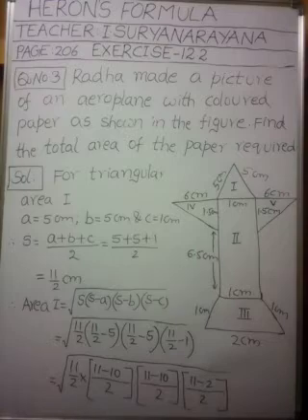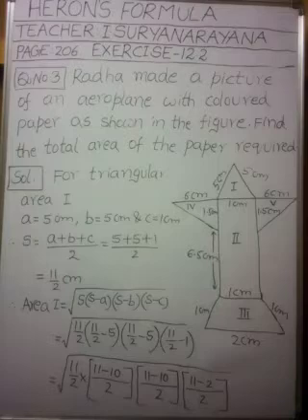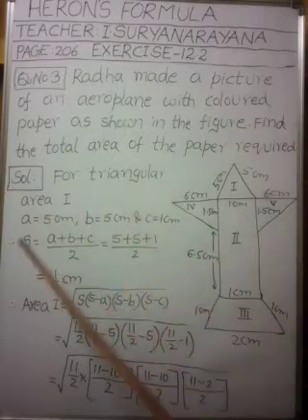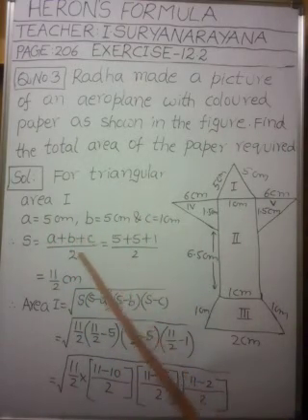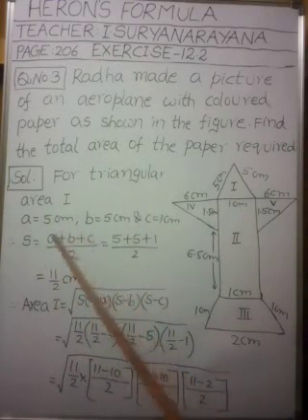How do you find the area of the triangle by using Heron's formula? First of all, we have to find the semi-perimeter of the triangle. It means S. So S is equal to A plus B plus C by 2. Do you remember this formula, my children?